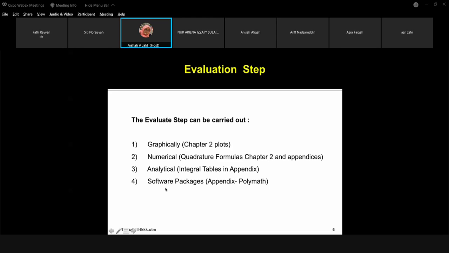Polymath, I don't know whether you will study the Polymath or not. Dr. Hajar will give you an assignment, I think, and Dr. Tahir, later. This is the evaluation step to calculate for the V or the T or the X or whatever they want you to calculate.